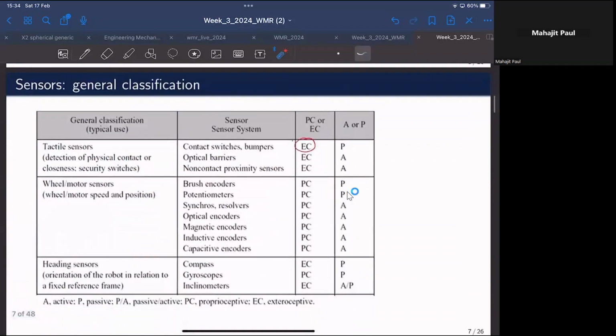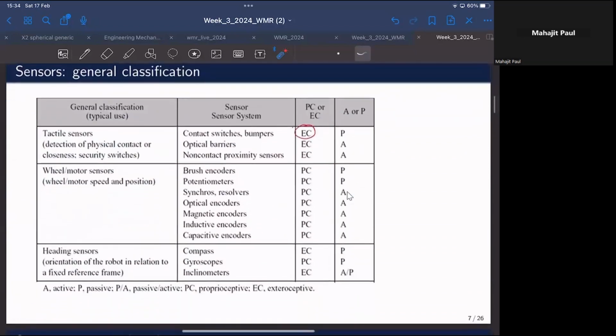In the lectures, you have been given a comprehensive list of sensors and how they can be classified, whether proprioceptive or exteroceptive in this column, or whether active or passive. For example, you have a class of tactile sensors, and there are different kinds of tactile sensors that you can use.